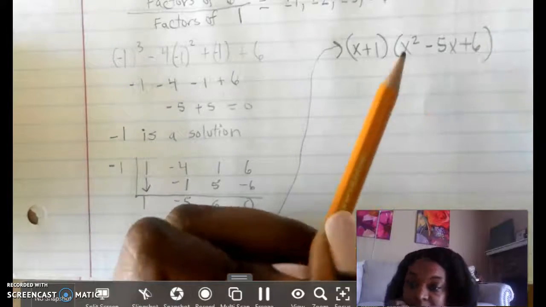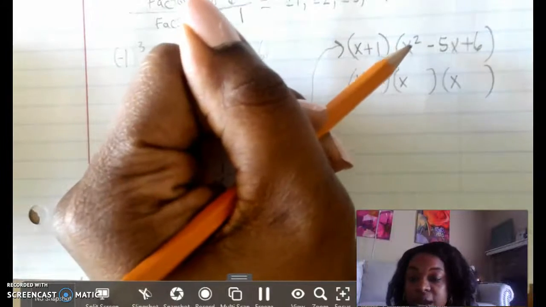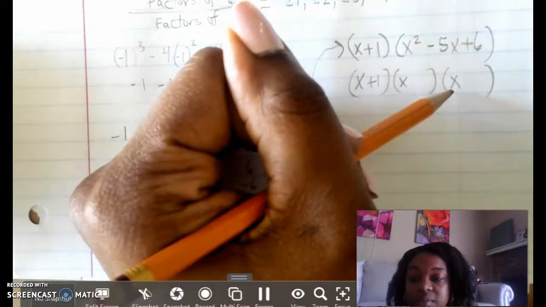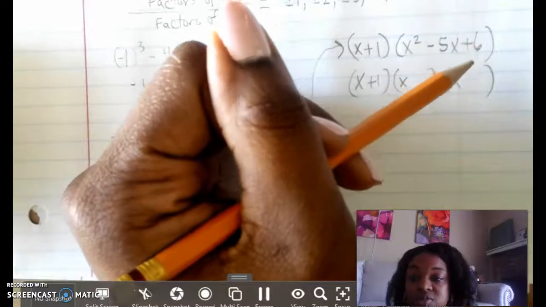Then I can do the same here, and I can find my factors of x squared minus 5x plus 6. I know x squared I can only get by multiplying x times x. And then 6, multiples of 6 are positive and negative.